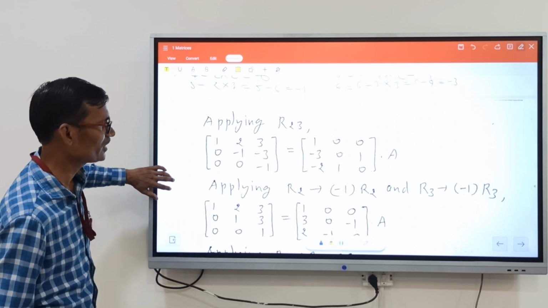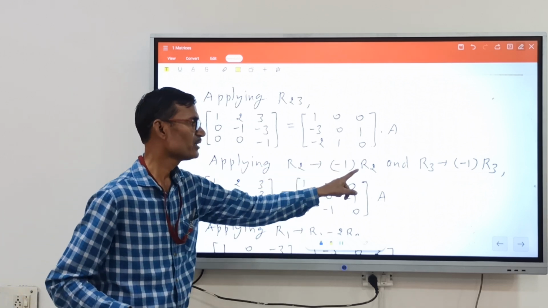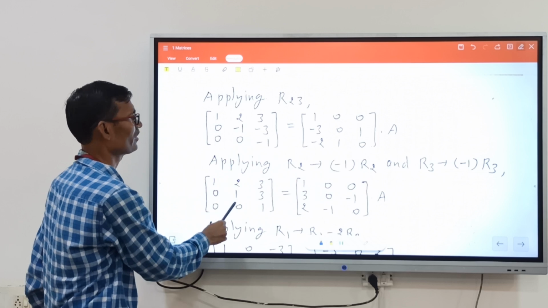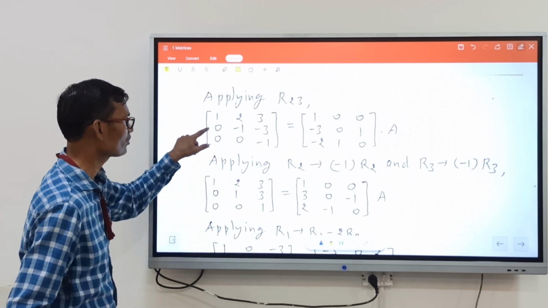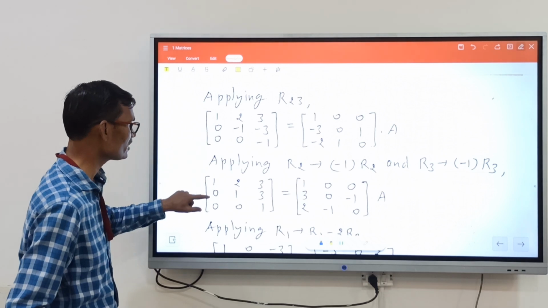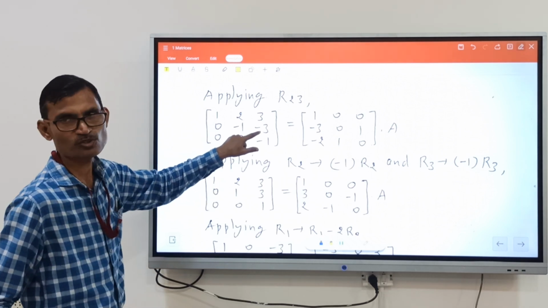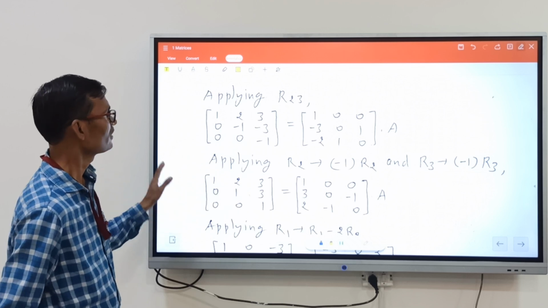So we are multiplying R2 by minus 1. The change will occur not only here but also here. So 0 into minus 1 is 0, minus 1 into minus 1 is 1, minus 3 into minus 1 becomes 3.